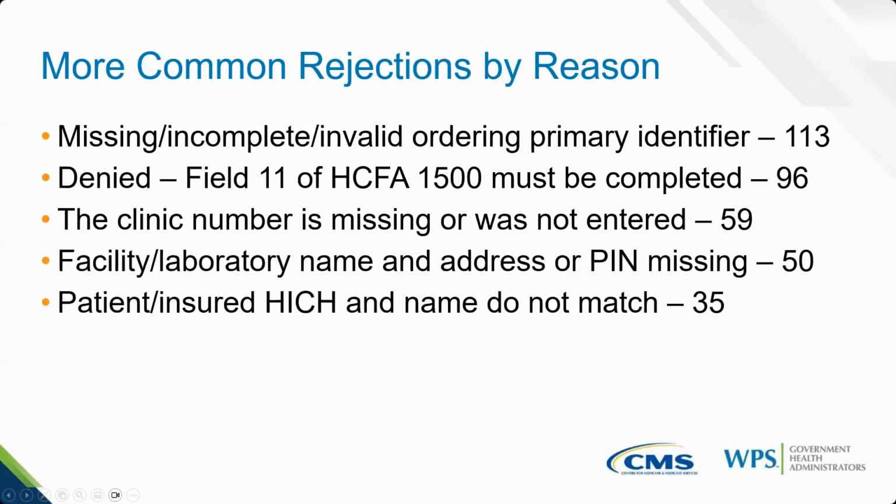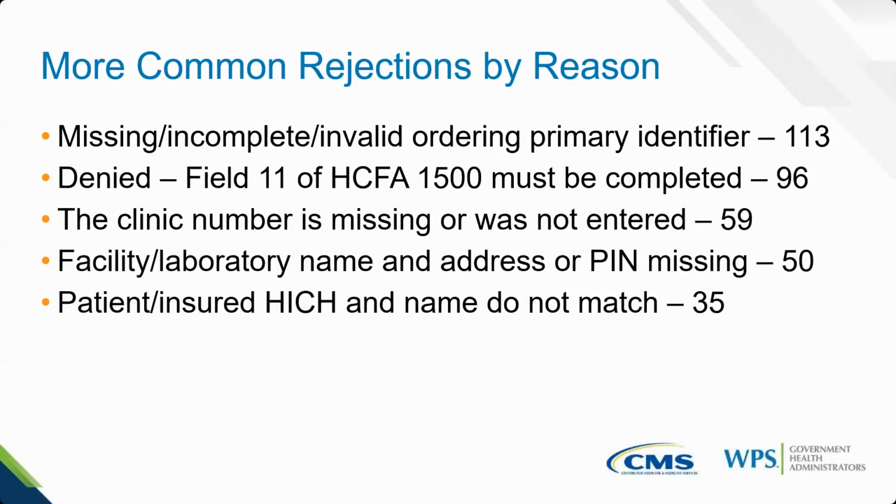Here are more common rejections for gastroenterology: missing, incomplete, or invalid ordering primary identifier. I talked to you already about the resource that CMS makes available on their website that contains the list of ordering primary identifiers, or those providers that may order a service for a Medicare beneficiary.